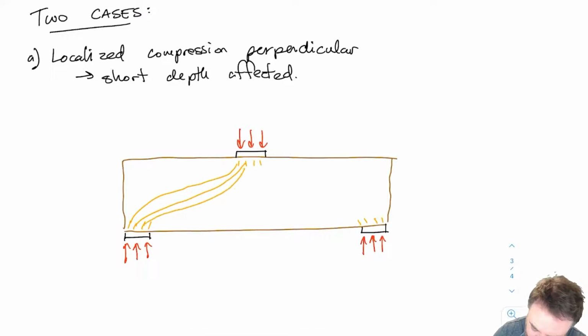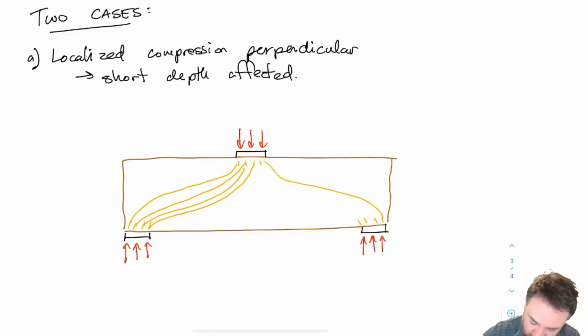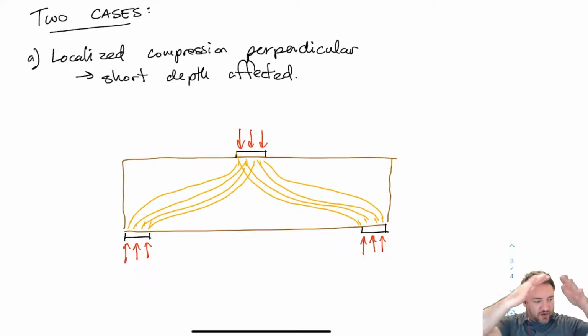It has to turn in order to get from where the load is being applied all the way to where it's being resisted, right? So we have some turning of that stress field.